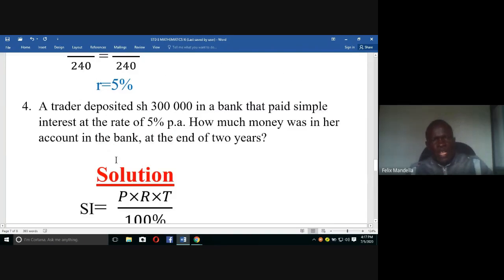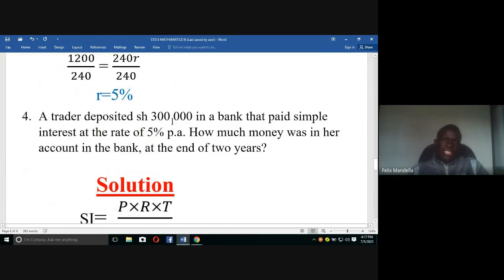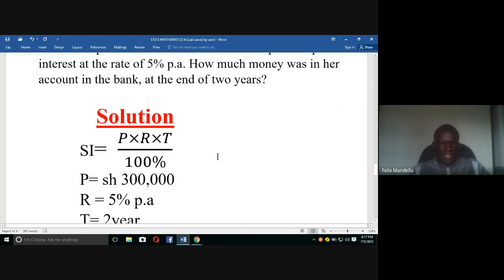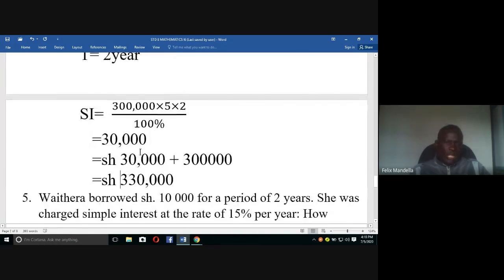And I'm repeating, why did we add? We added because the principal, the amount this person took to the bank, was 300,000. And the question is asking, how much money was in her account? This is a female. How much money was in her account in the bank at the end of 2 years? So what we got as 30,000 was just the interest alone.